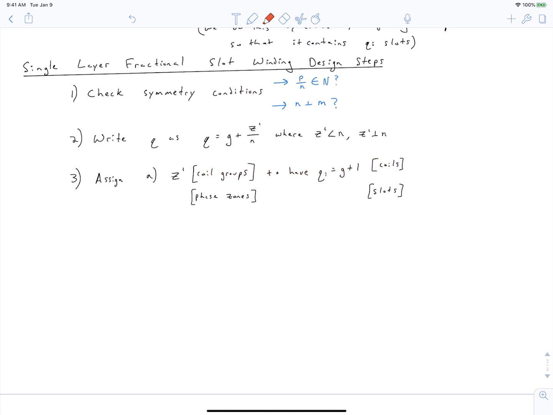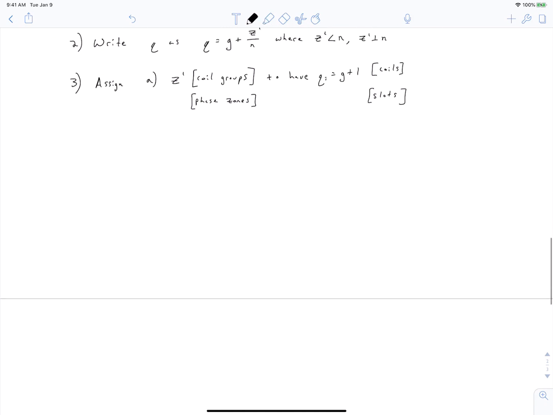The reason that I did this is because you can equivalently say that we want to have z prime phase zones with g plus 1 slots in them. It's the same thing, and I want to draw attention to that to help you visualize what we're talking about here. So that's part A.